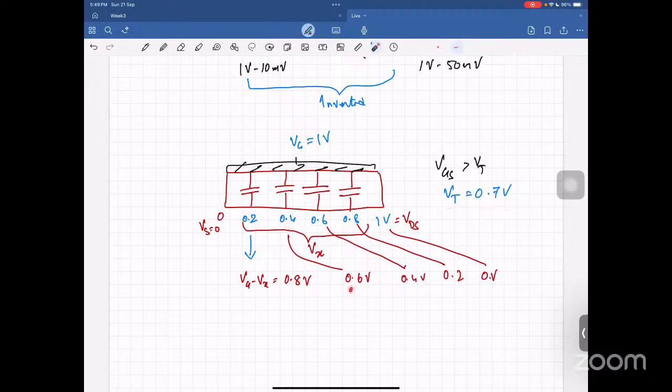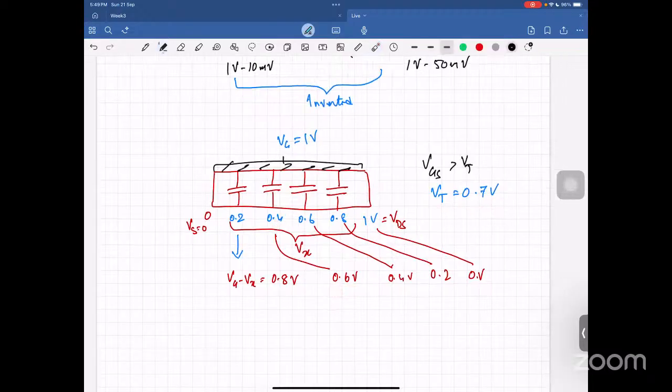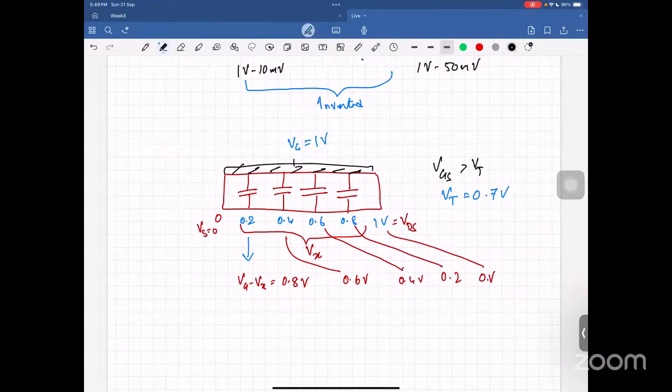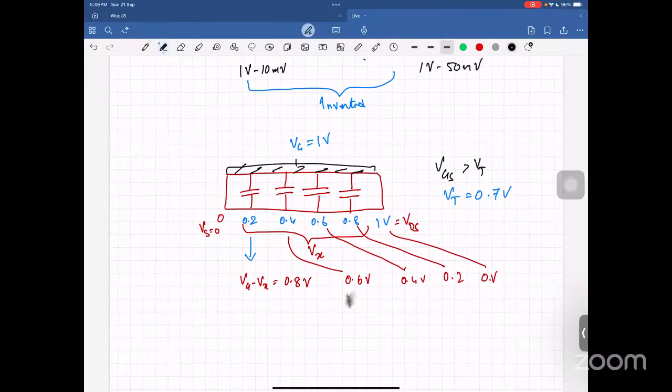So I won't have a channel here, or I won't have electrons here. This is no inversion. Here I have inversion.